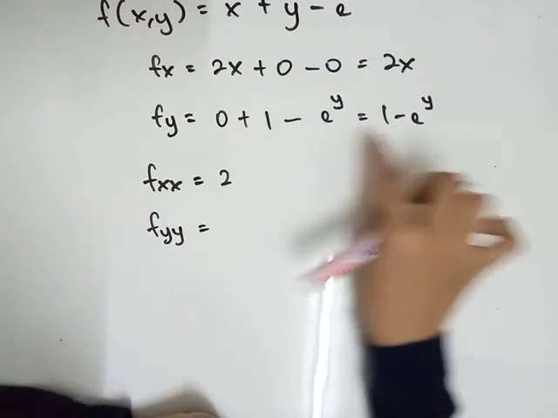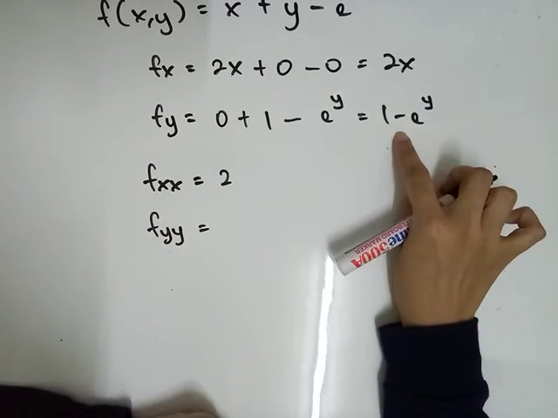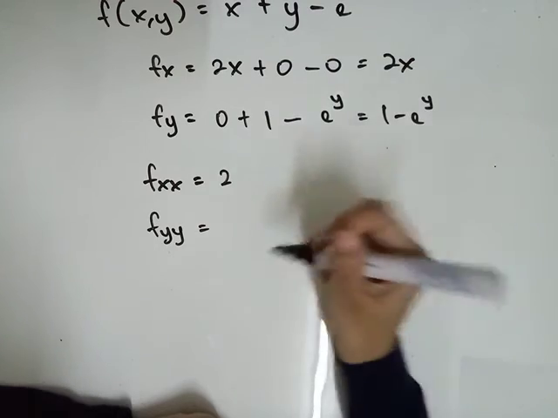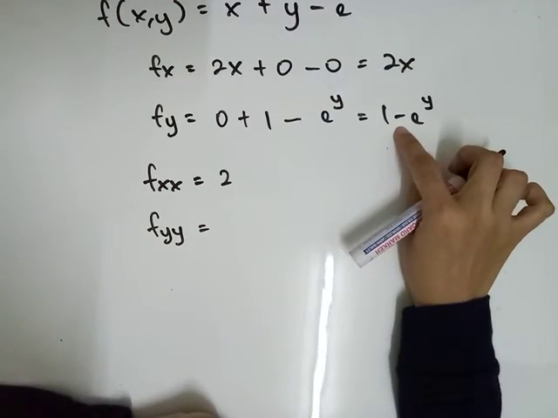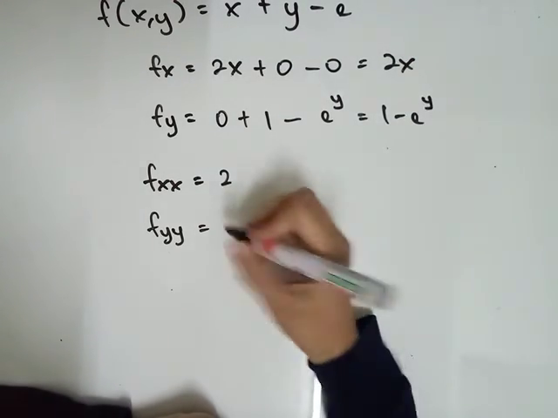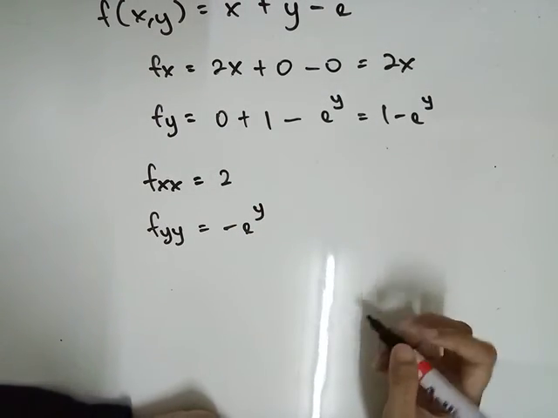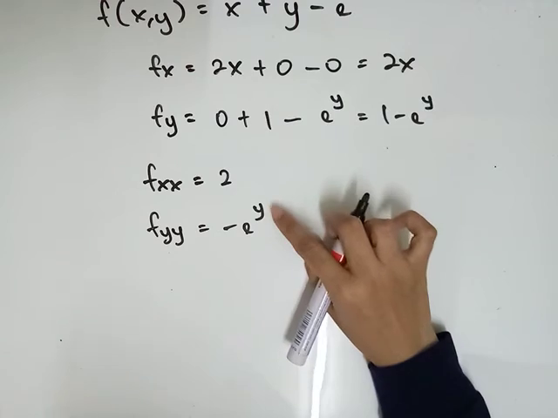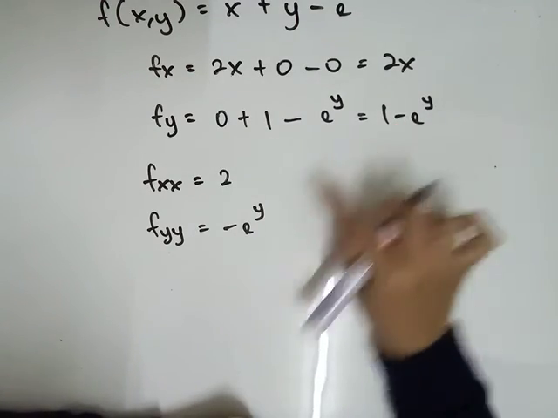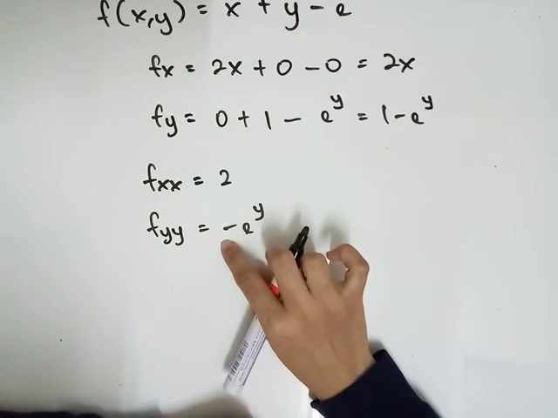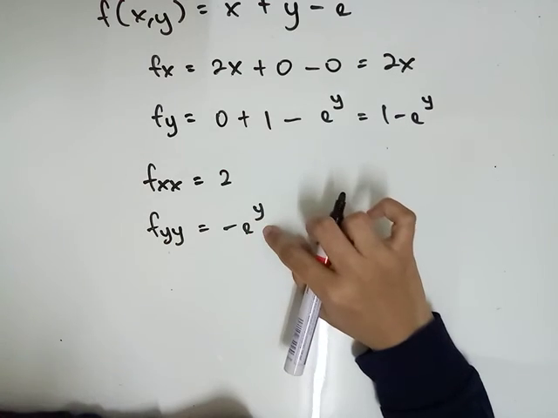From fy, differentiate 1, we get 0. Differentiate negative exponent y, we get negative exponent y. Differentiate exponent y, we get back exponent y. Because this one is negative, it stays negative. If positive, stick in positive.